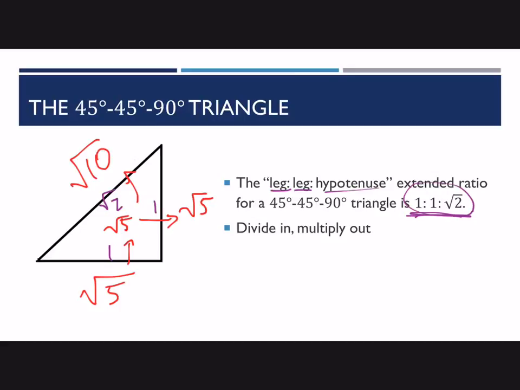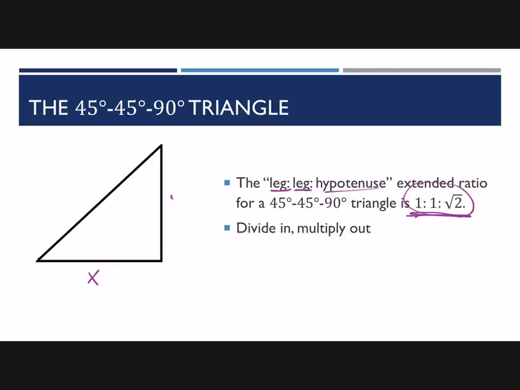Some people like to use an equation instead. If you prefer this, you could think of this side as x and x and x square root 2. Let's say you're told that this side measures square root of 8.